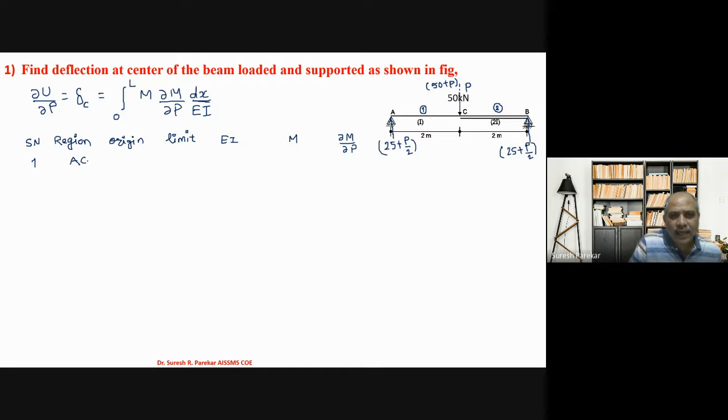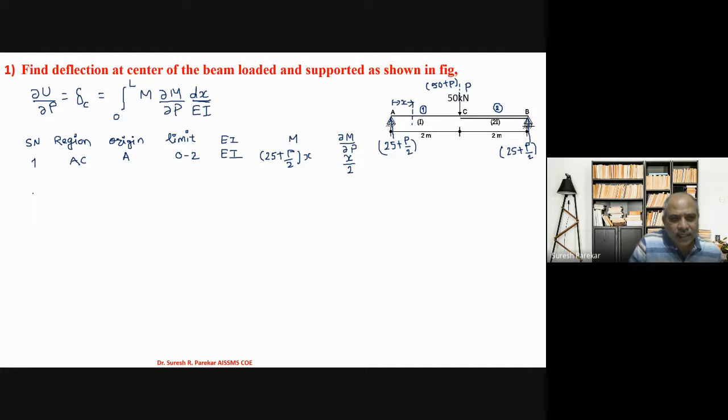origin we have A, limit we have 0 to 2, EI we have EI, and if we take anywhere X in this region, then we are going to get this M, that is equal to 25 plus P by 2 into X. And ∂M by ∂P, we will get it as X by 2.